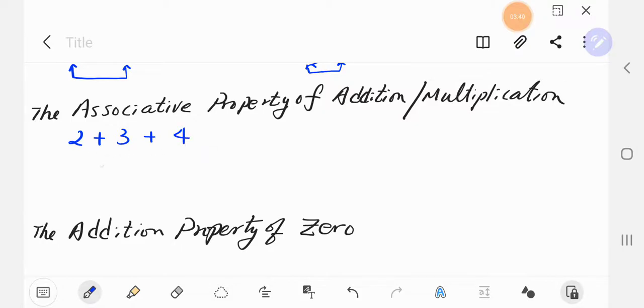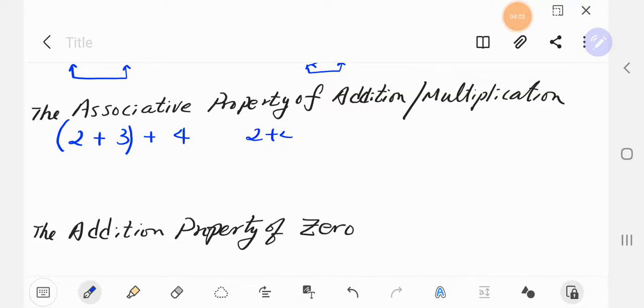How would you add these 3 numbers? You can start from left to right. First you can add 2 and 3 first, so we put parentheses to group 2 numbers. 2 plus 3 is 5, and 5 plus 4 is 9. Actually, this is equal to this one.